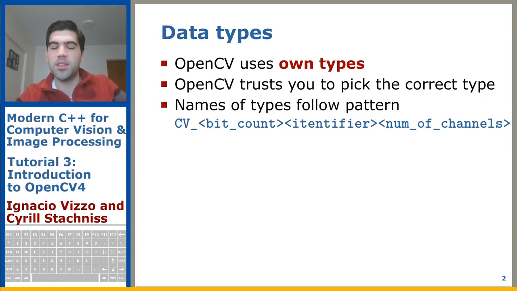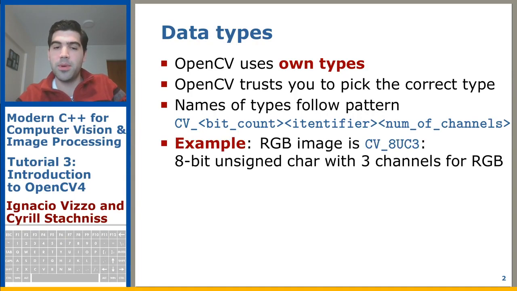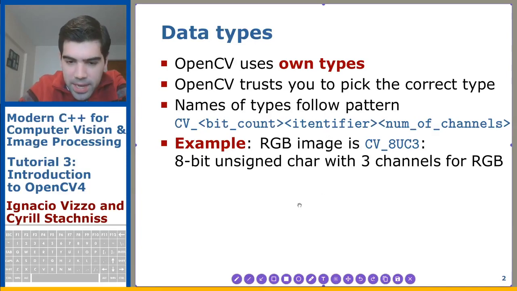The names usually follow this pattern: CV, then an underscore, then the bit count of the type, the identifier, and the number of channels. For example, for a classic RGB image, the first part of the type is CV, that is basically this. Then the bit count is how many bits represent this type.